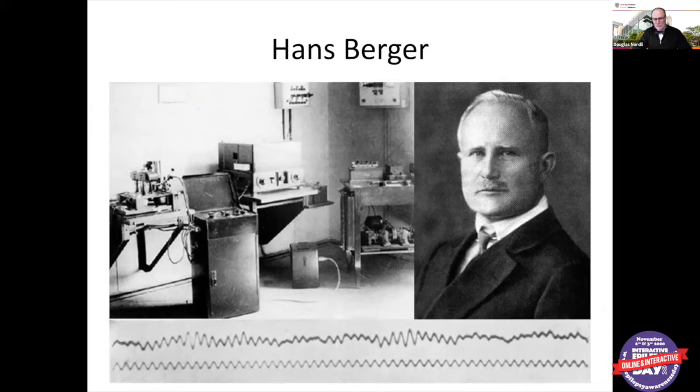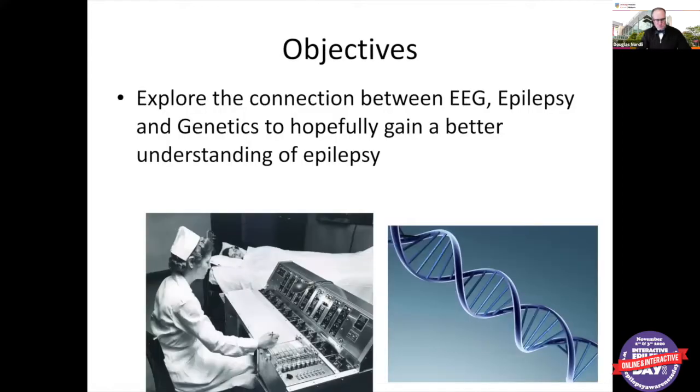At the bottom, you see that he recorded brain rhythms. In many cases, the recording was done on his son. And you can see normal brain activity, the so-called alpha rhythm, illustrated at the bottom, which opened the door to a transformative way of thinking about epilepsy.